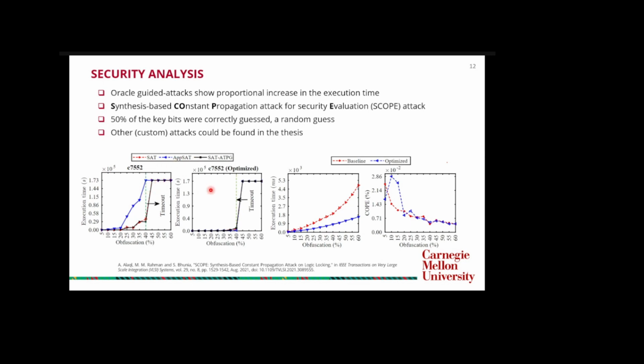Let's look at the execution time. Execution time is a metric which we use in a simple way. We see this exponential behavior until 40%, and then it saturates, similar to the other design.